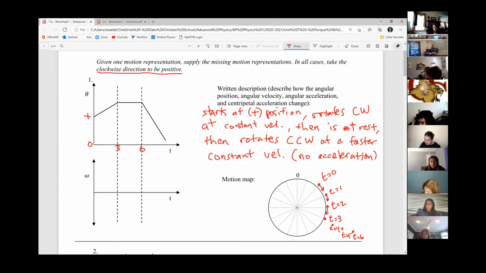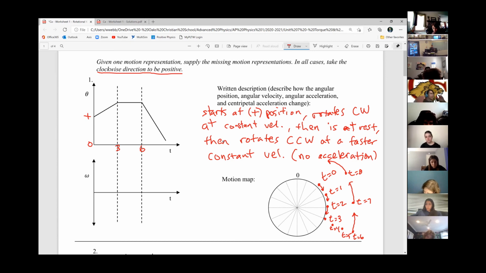So I need to make my arrows longer. So I've got t equals 7, t equals 8, and we could keep going if we want, but I'll just stop there. So that's how we would do our motion map.